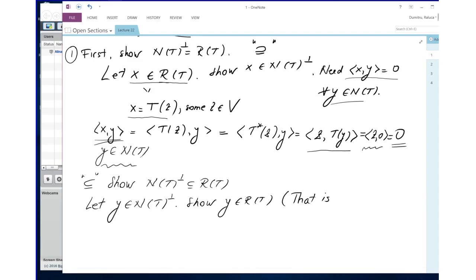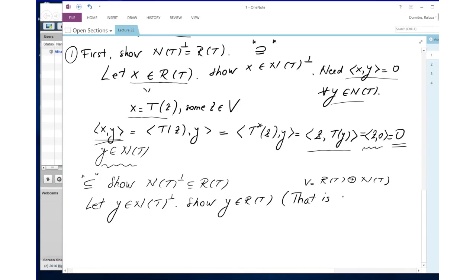Being a projection, remember that the space V can be written as the direct sum between the range and the null space. And we've seen that T is a projection onto the range of T, right?